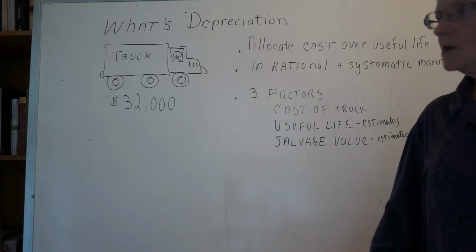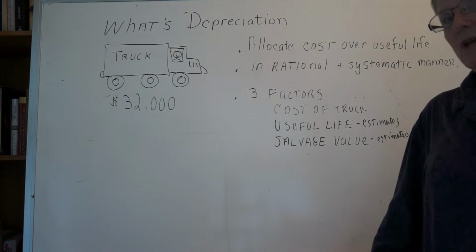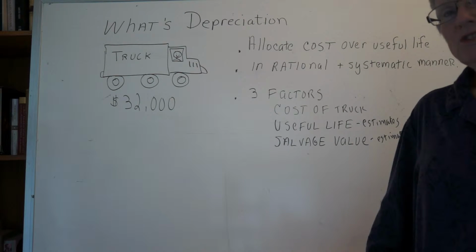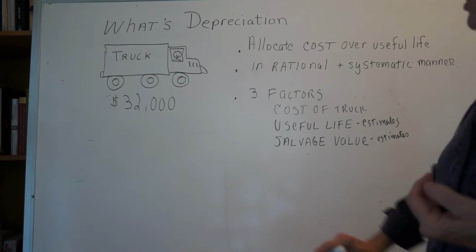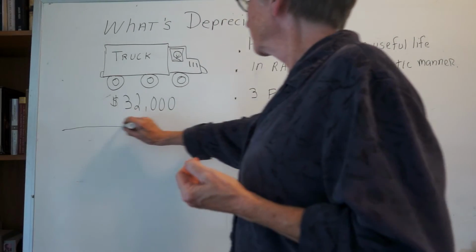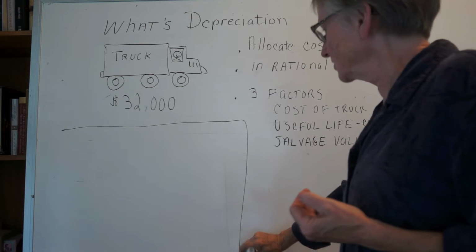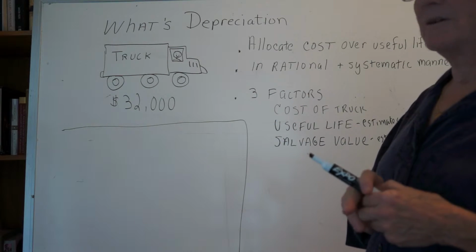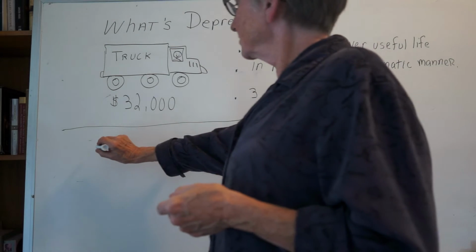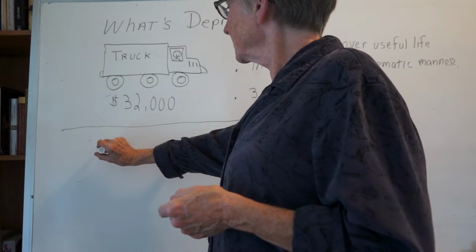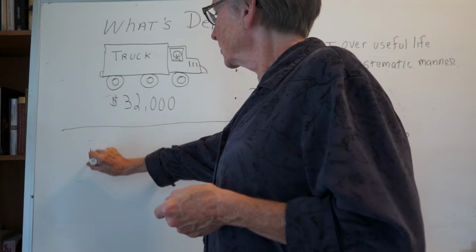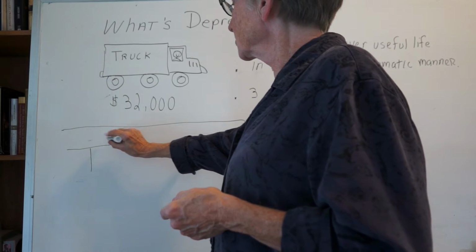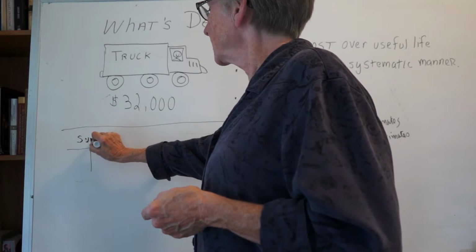One way of conceptually looking at this to understand what we're doing here is to think of the truck, going back to the beginning here, as kind of a giant prepaid expense. And if we look at other types of prepaid expenses, say the prepaid expense supplies.